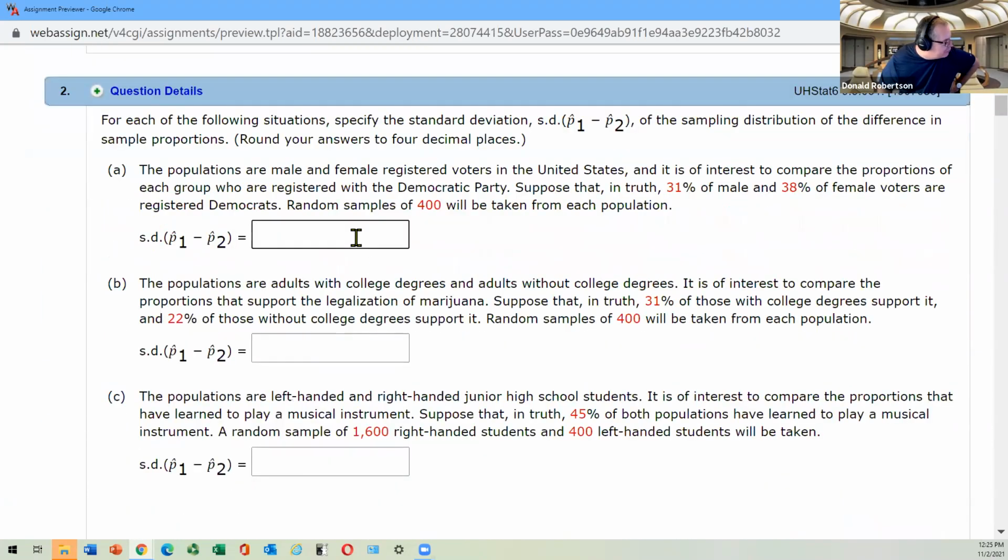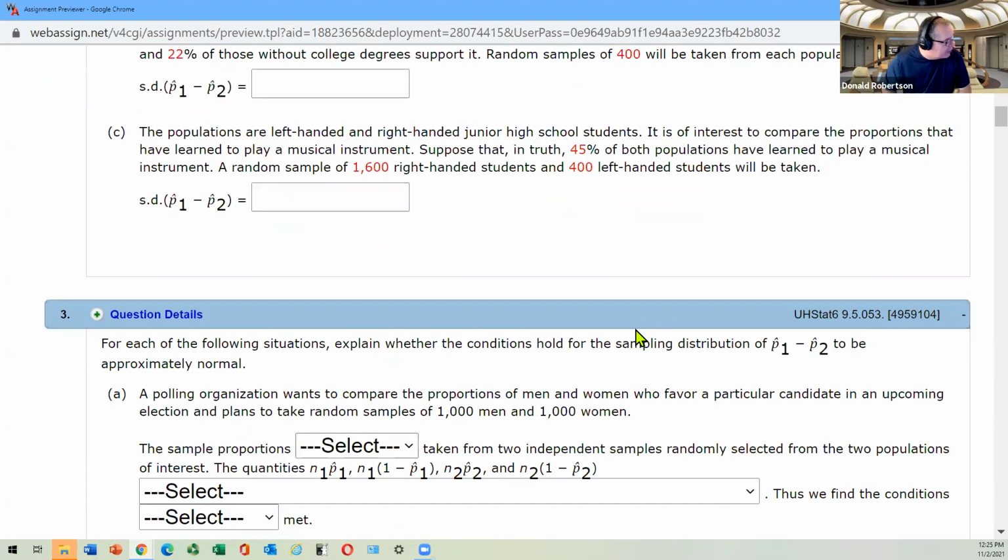Now, here's a question where they're just asking us to do the standard error. A, B, and C, which one do you want me to do? C. C gets a job. Okay, I'm writing down the numbers I need to use, so let's see the story. The populations are left-handed and right-handed junior high school students. They're interested in comparing the proportion that have learned to play musical instruments.